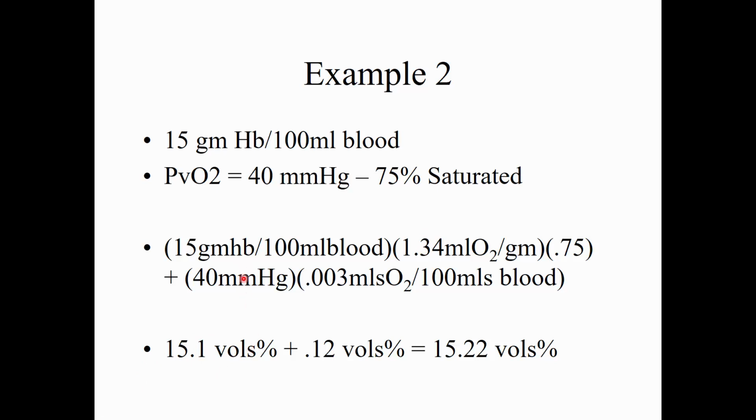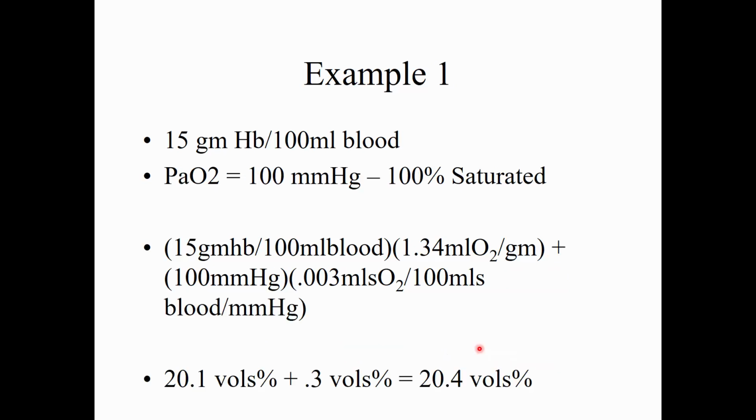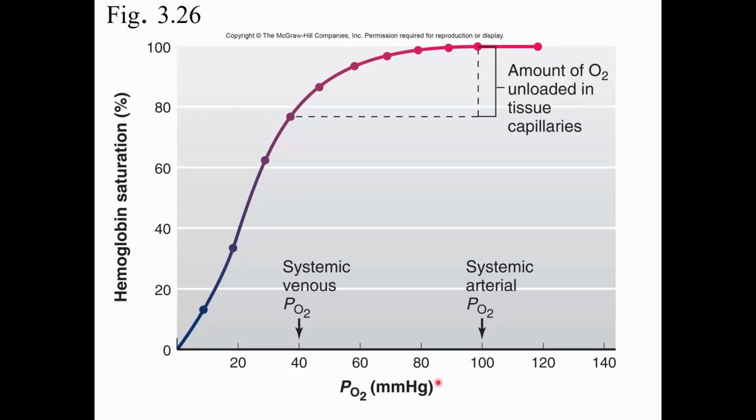At 40 millimeters of mercury, 0.003 O2 per 100 mils per millimeter of mercury. That's 0.2 vols per cent. That's the bound content, that's the dissolved content, that's the total content. So that's arterial blood.